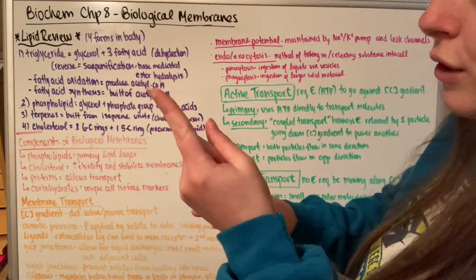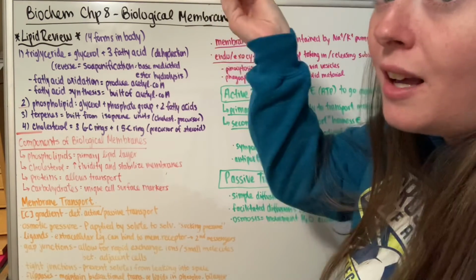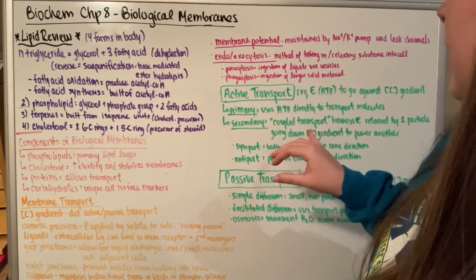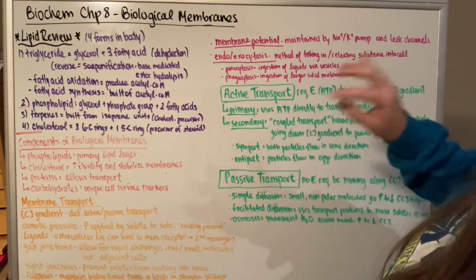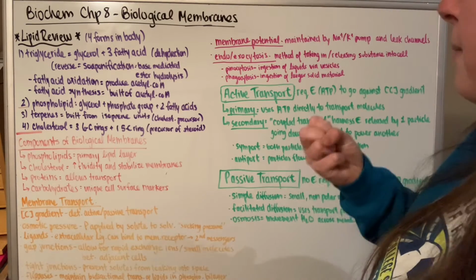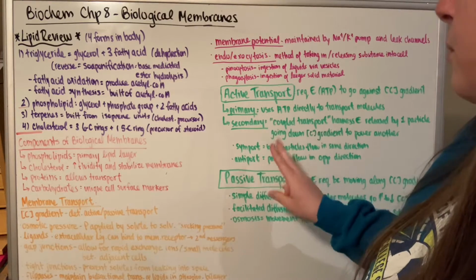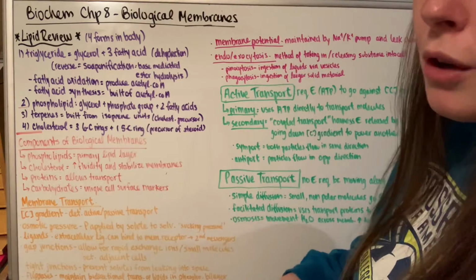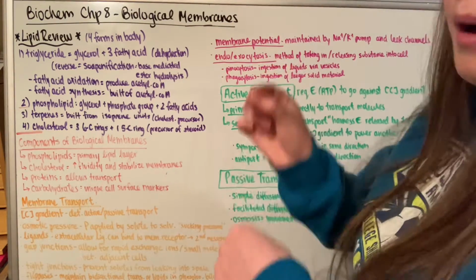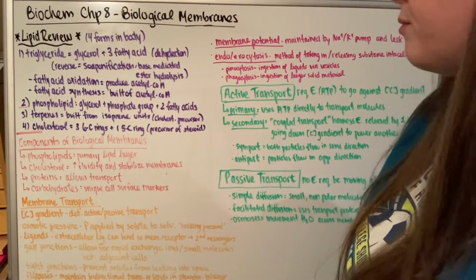But the second particle here requires the energy produced by the first solute going through, if that makes sense. But again, just to reiterate, secondary transportation harnesses the energy released by one particle going down its concentration gradient to power another. And so symport is when both of those particles are going in the same direction, and antiport is when those particles are flowing in opposite directions. So one particle is coming in, the other one is going out.